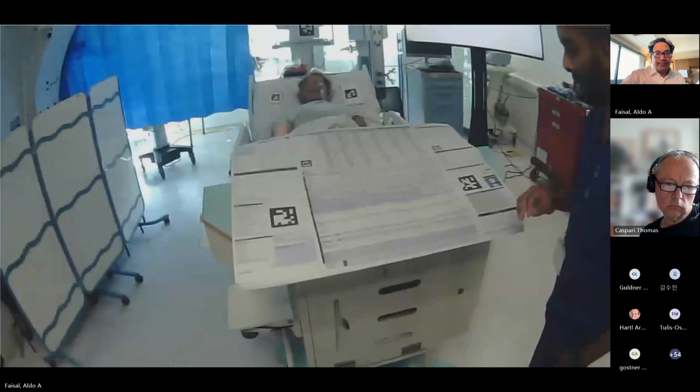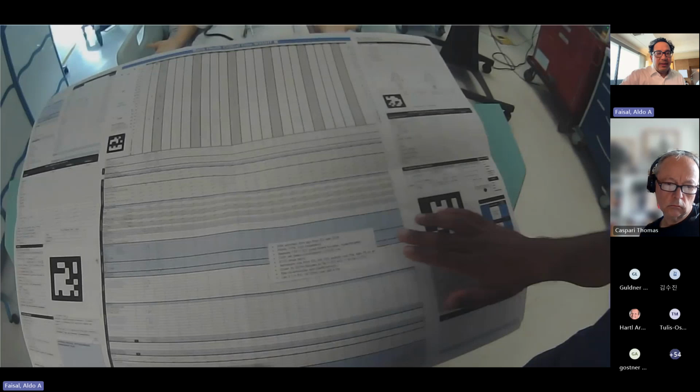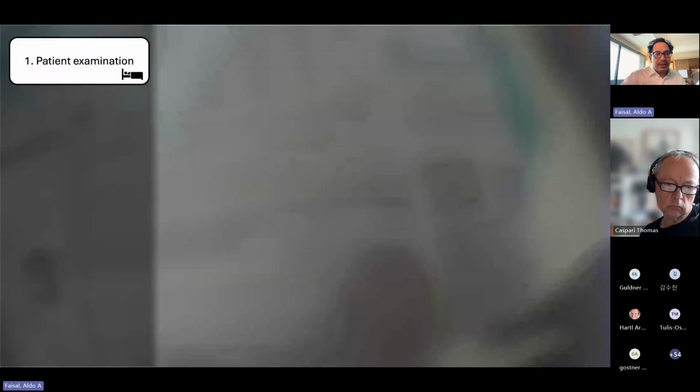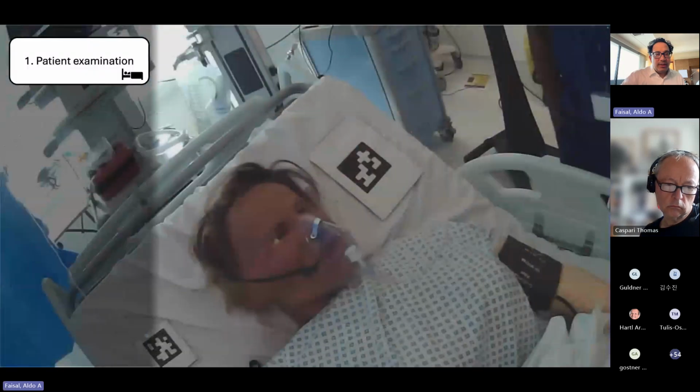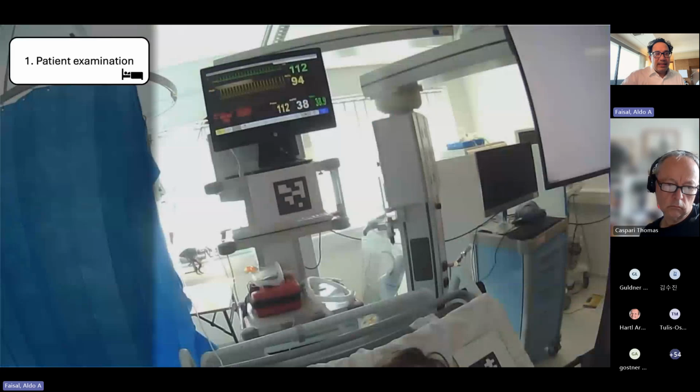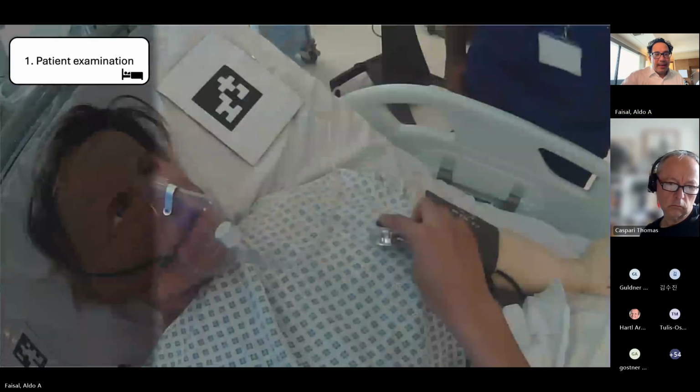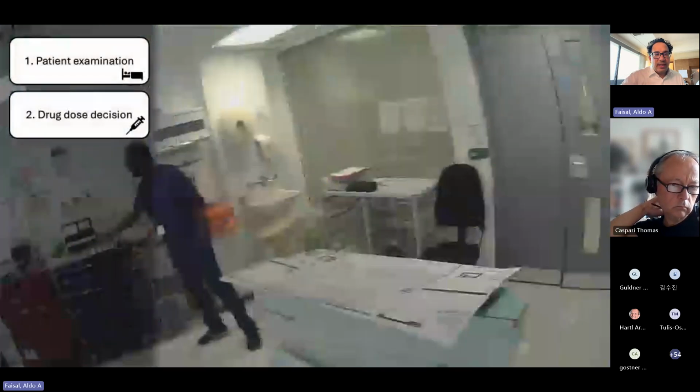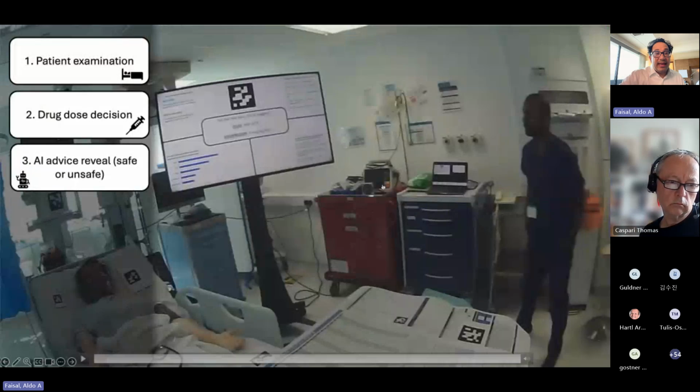So the doctor comes in, looks at the patient chart, does the examination, sees the vital signs, and then in this case, what we've done is we've then shown them the AI clinician. The AI clinician is nothing else but a monitor saying, you should prescribe these drugs, and these are 4 different explanations why this is the right thing.